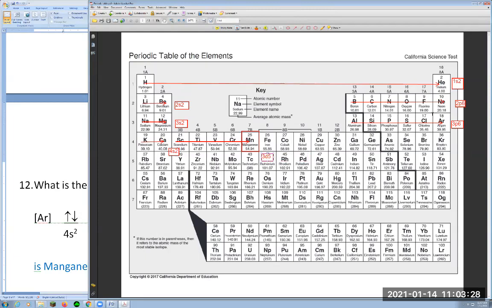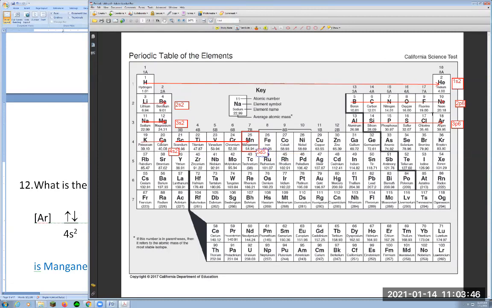Why did we use 3 in front of the d instead of 4, because we are in the fourth period? Well, again, it has to do with the fact that the 3d is higher in energy than the 4s, and that's the way orbitals are.